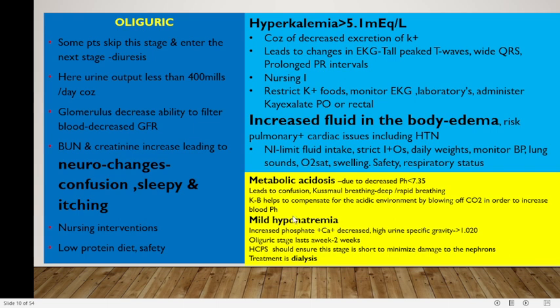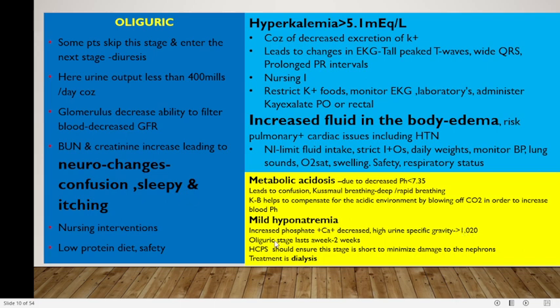And partly this is because of the increased phosphate and calcium binding. We have also high urine specific gravity.